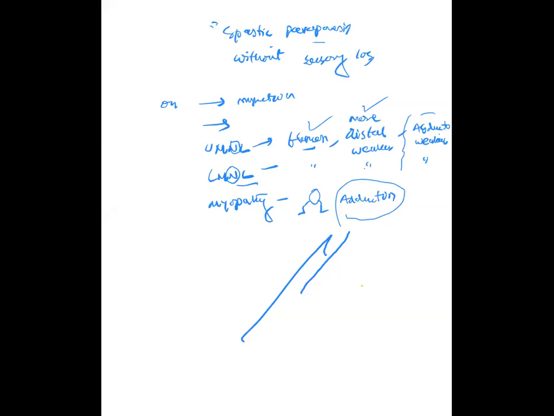Again, sensory system examination indicates all modalities of sensation are intact. So my diagnosis: this is a case of spastic paraparesis with intact sensory level. Okay. So my first case is a case of spastic paraparesis without any sensory loss.